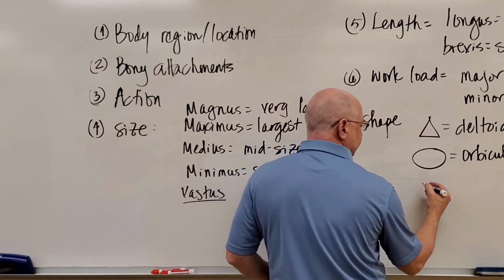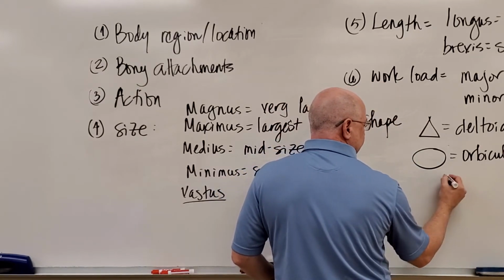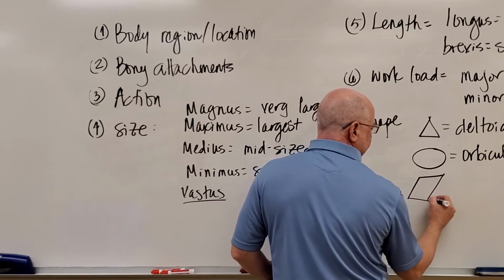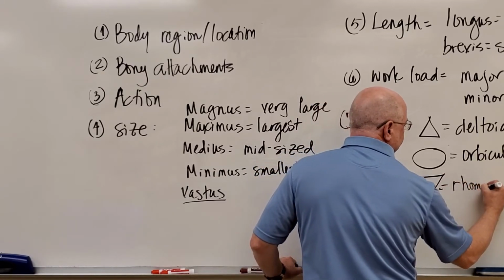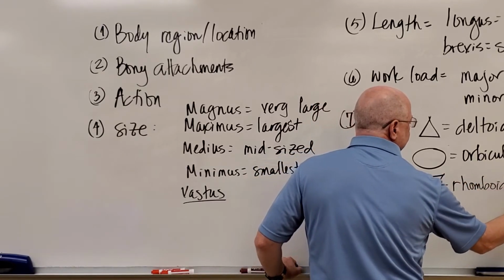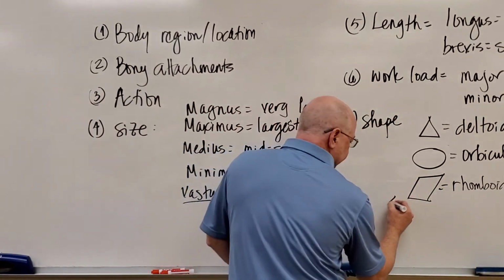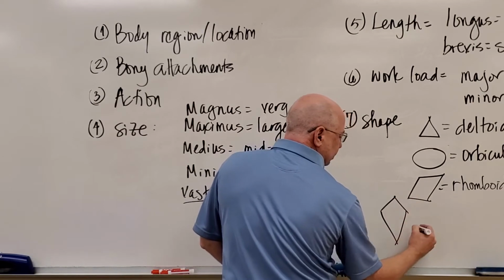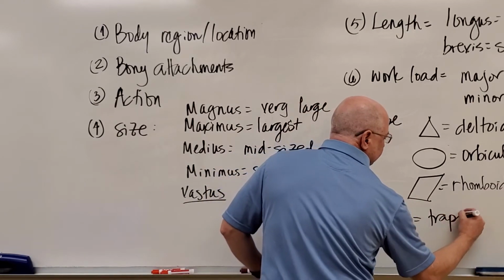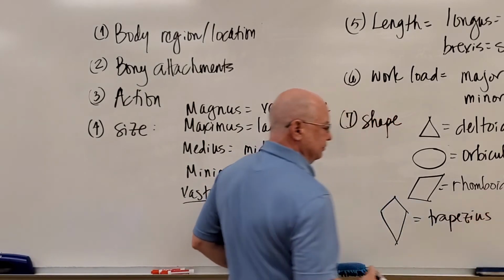If we have a muscle that is shaped like a big rhombus, like this, then that muscle will have the term rhomboideus in the name, or rhomboid in the name. If you have a muscle that's shaped like a funky looking old school kite, that is a trapezoid, so we would say that's the trapezius muscle.